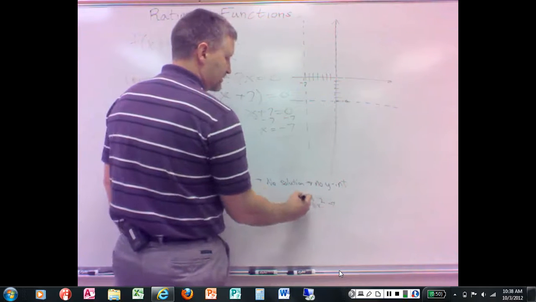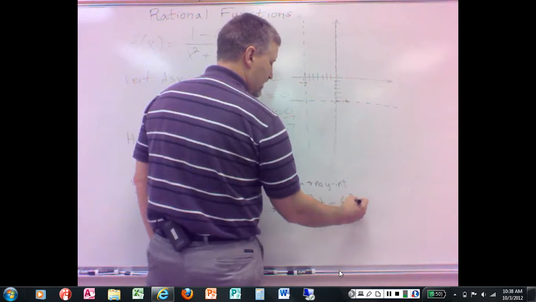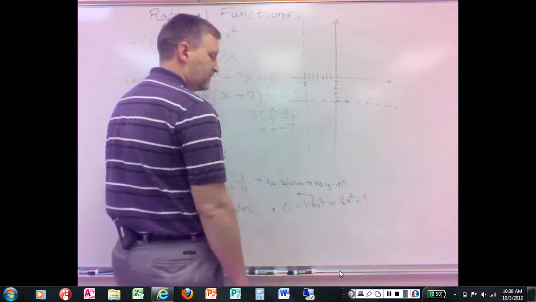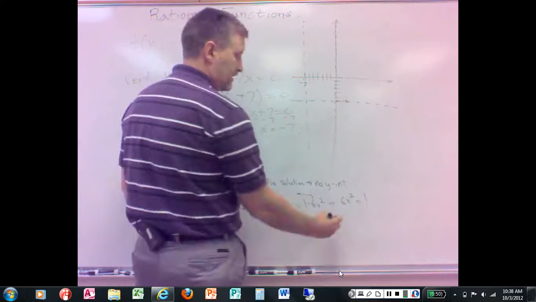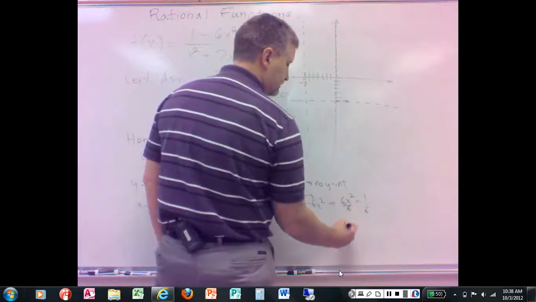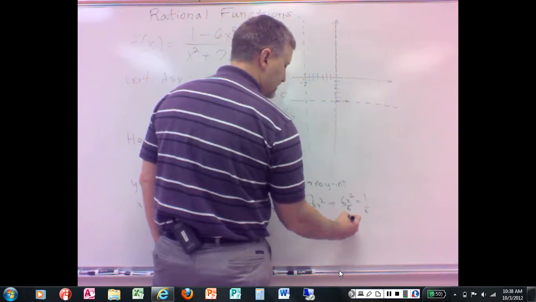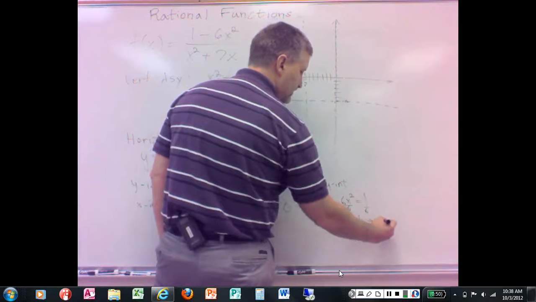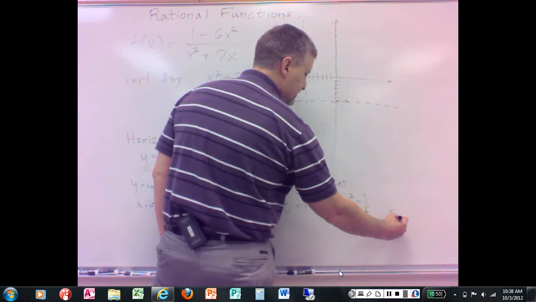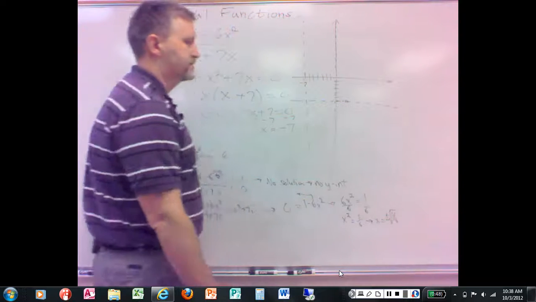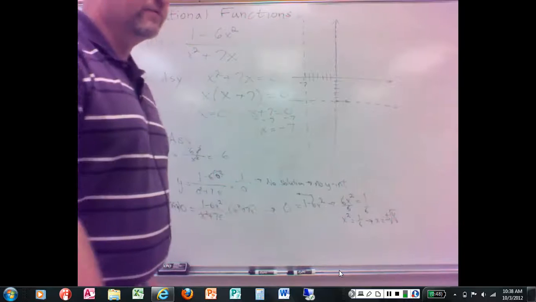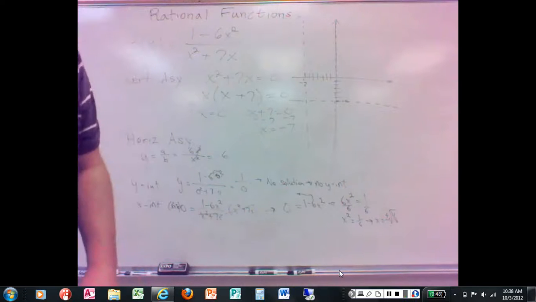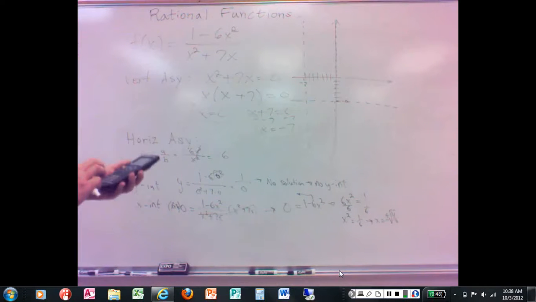Let's add 6x squared to both sides. So I'm going to use the square root method here. Divide by 6, and so I get x squared equals 1/6. Square root both sides, so x equals plus or minus the square root of 1/6, not a very big number.